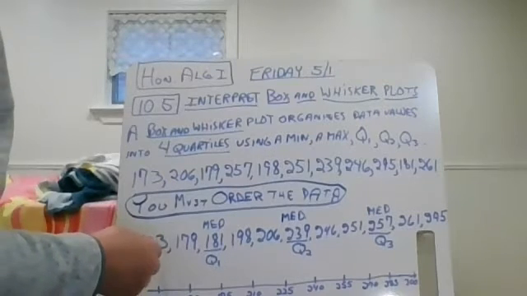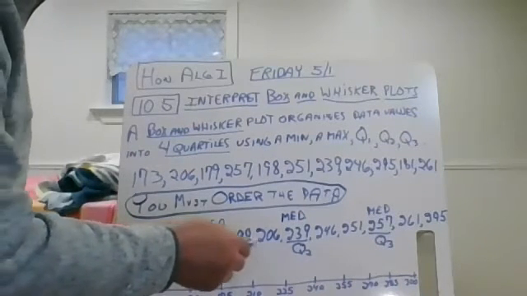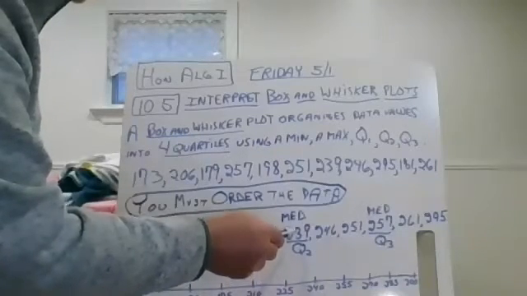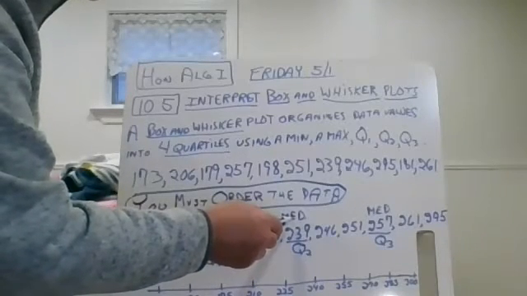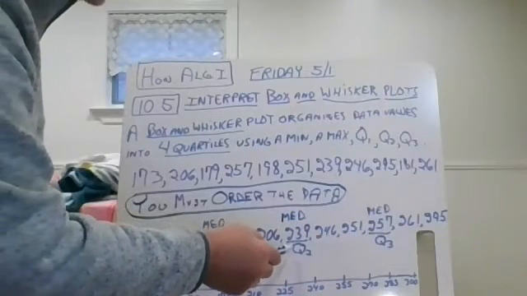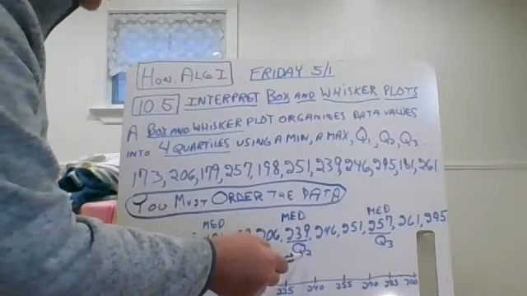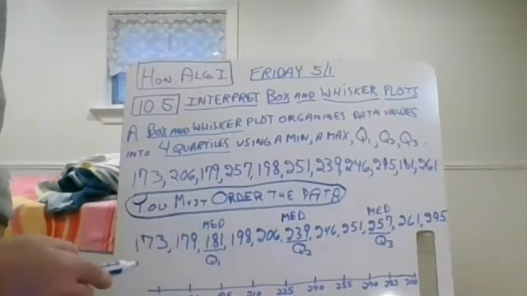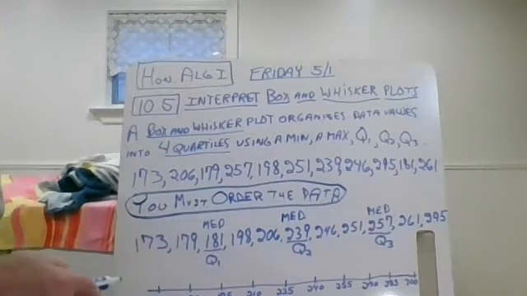So the sixth one, 1, 2, 3, 4, 5, 6. 239 is the median of those data values. And that's going to be called Q sub 2, the second quartile number. So that's the first thing you do, is find the median.